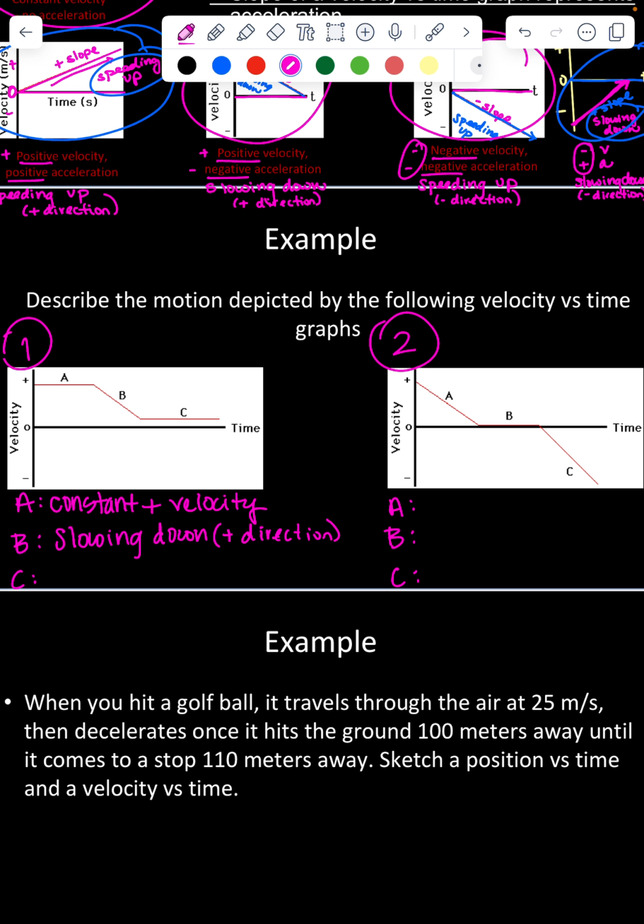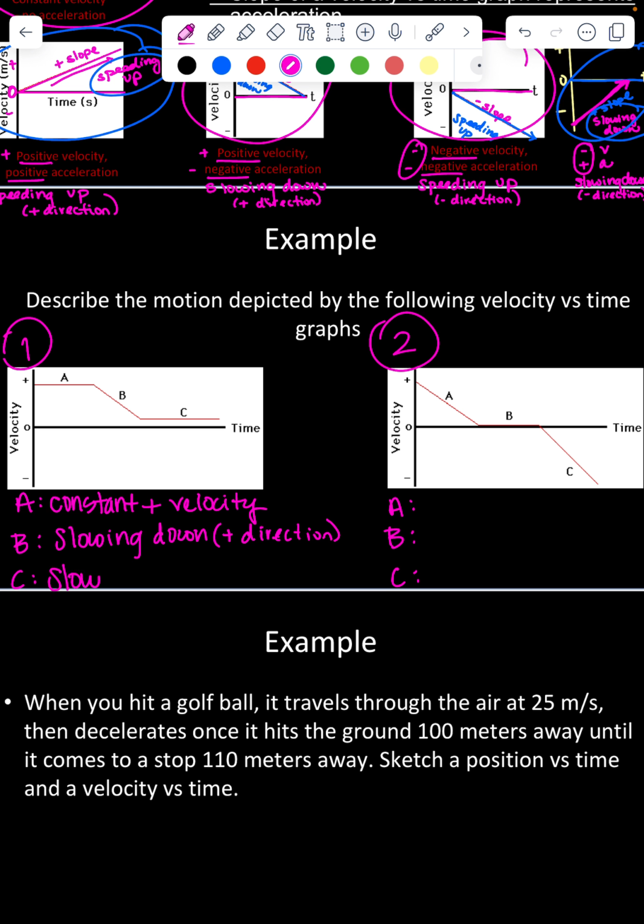And then C is another straight horizontal line above 0. So we have another constant positive velocity, but hopefully you can tell the difference between A and C, and that is that C is closer to 0 than A is.